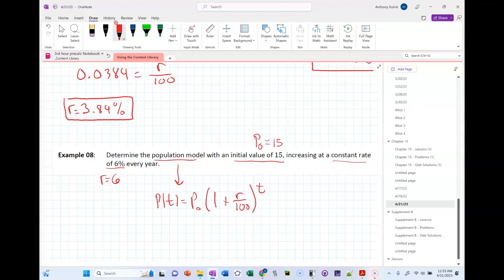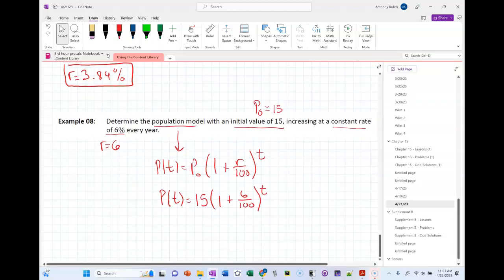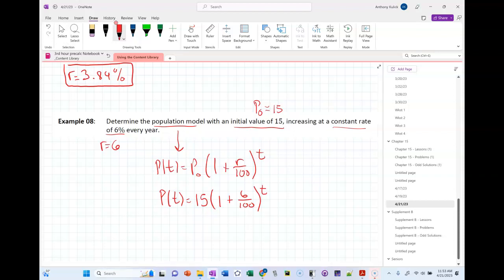And then every year. So there's that. If I do 1 plus 6 over 100, that gives me 1.06. And that'll do.